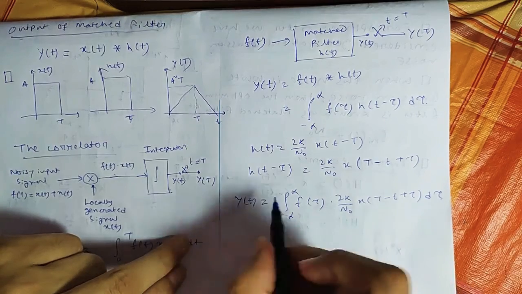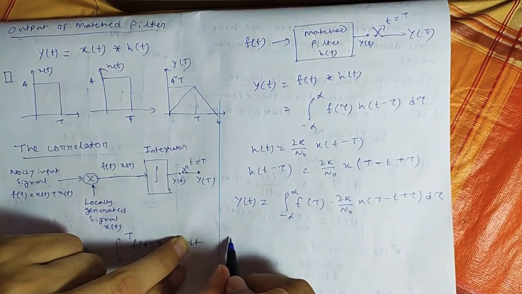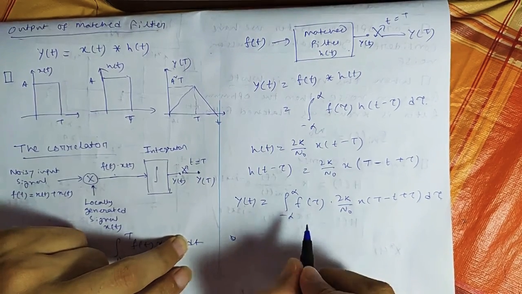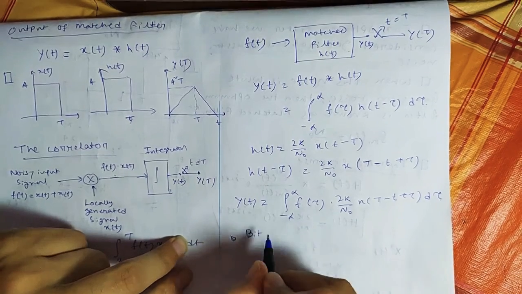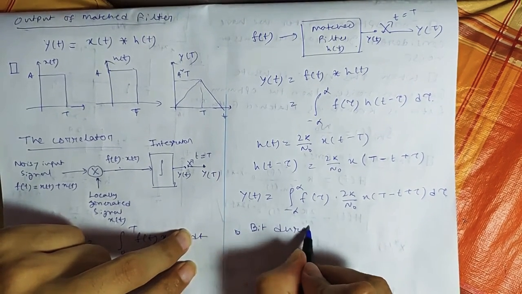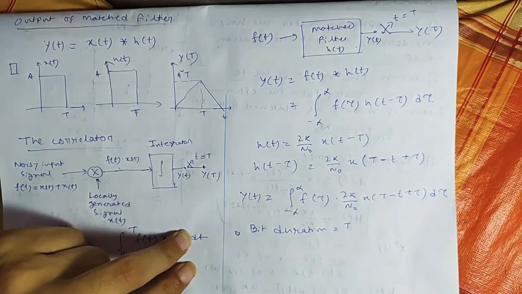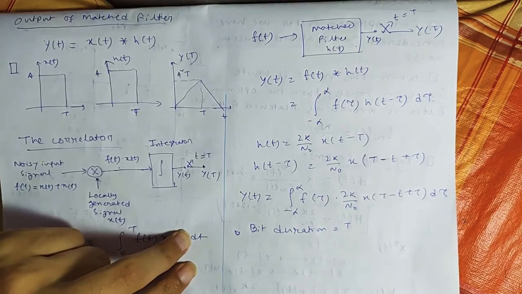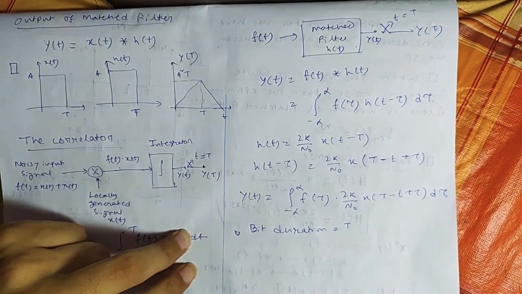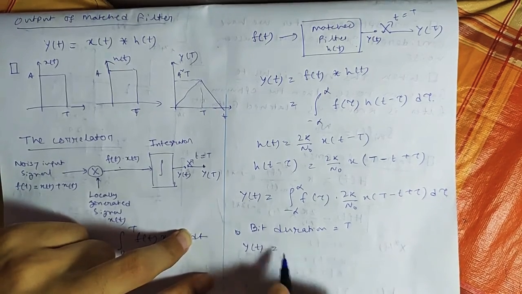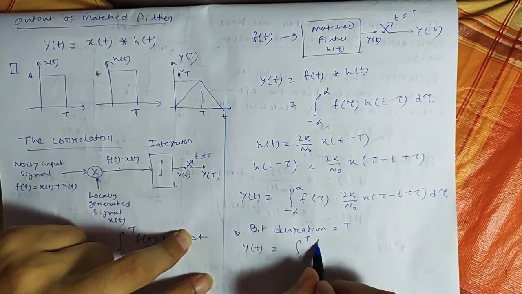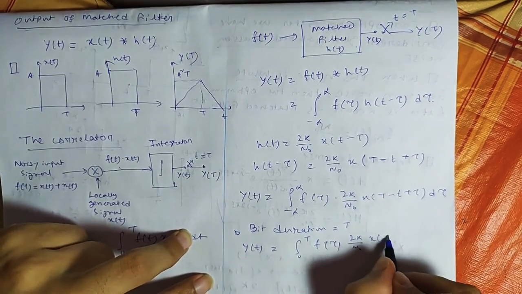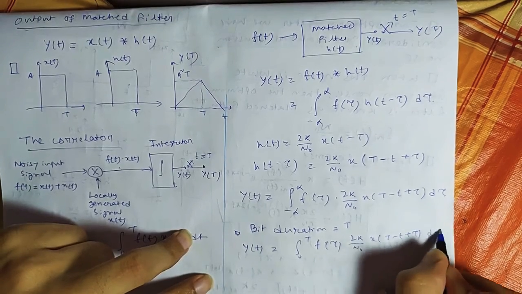Now at time t equals T, we are taking the sample. Before that, we know the bit duration is T, so f(tau) will be valid for 0 to T. So the integration limits give y(t) equals the integral from 0 to T of f(tau) 2k by N0 x(T minus t plus tau) d tau.